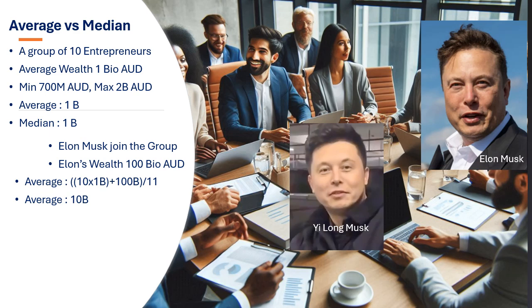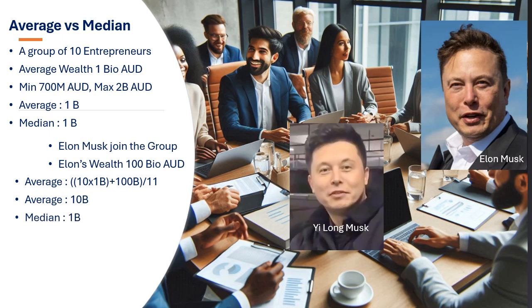So what I'm trying to say here is that the wealth of the 10 people in the group stays the same. Their wealth is still from 700 million to 2 billion. It doesn't change. They are not getting any richer. However, because someone very rich joined the group, the average becomes 10 billion, 10 times wealthier than before, even though the money they own actually stays the same.